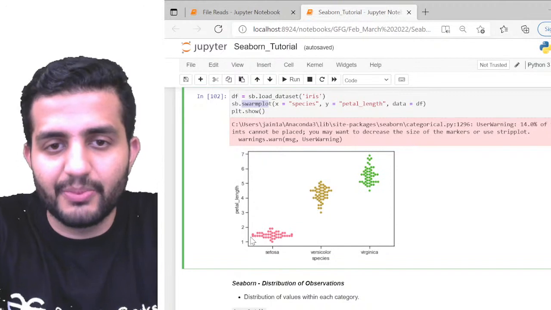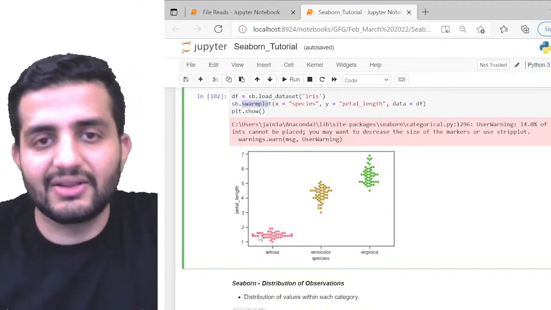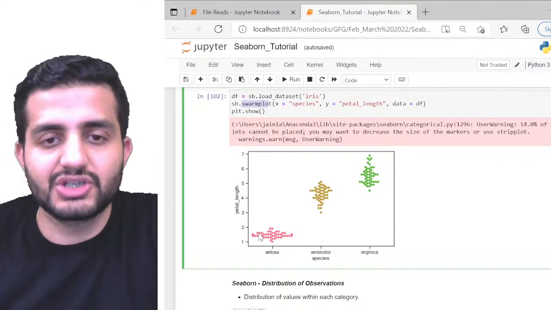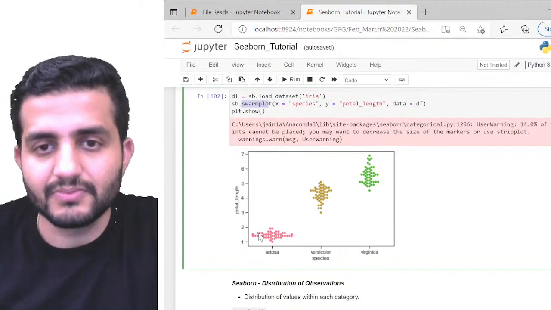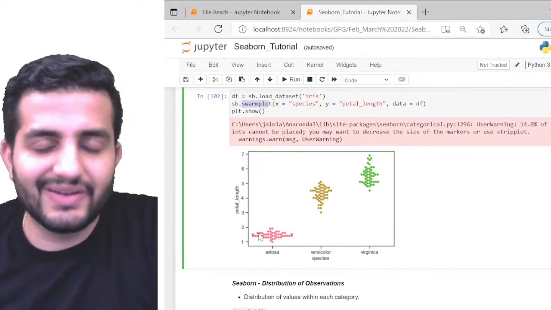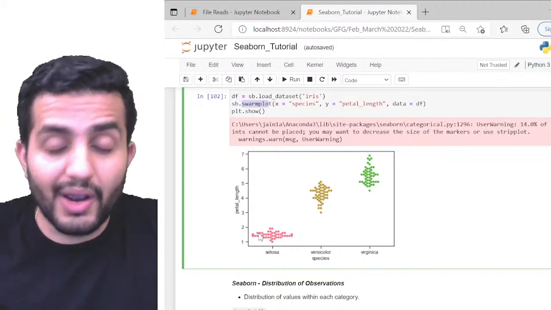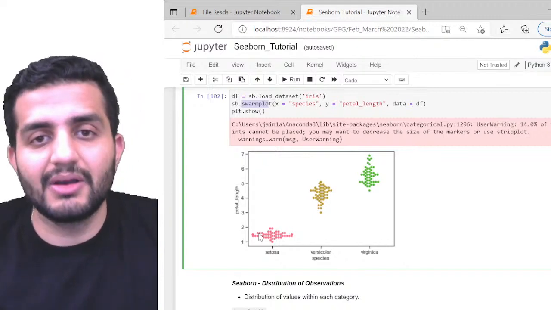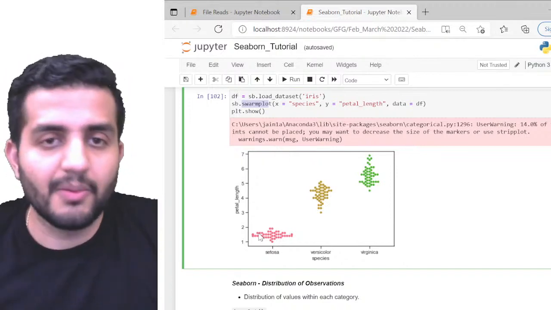The frequency of a petal length of 1.5 for setosa is very high. It is a very interesting graph if you want to find out whether a particular value is represented very often. That's when a swarm plot is used.